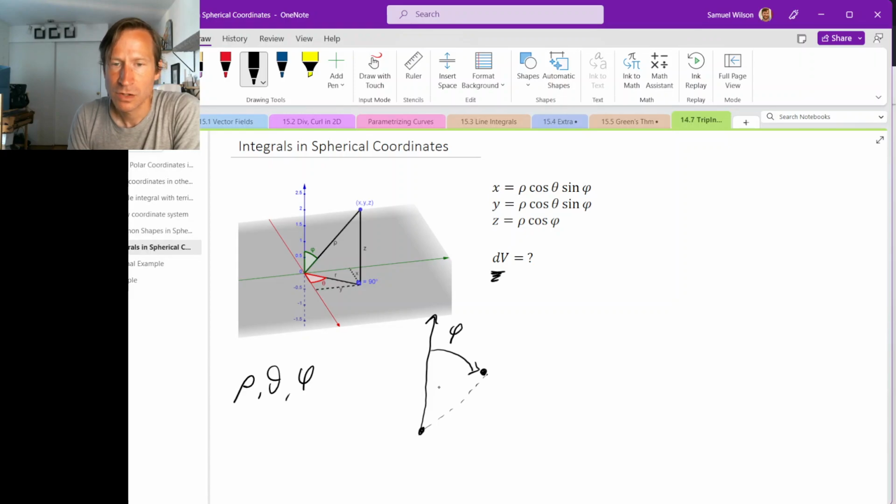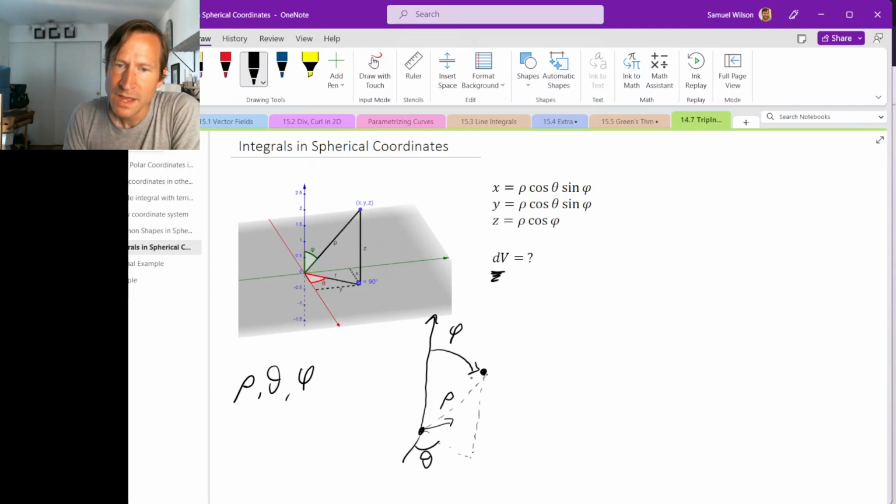This point is above a spot in the xy plane, so let's put our x and y axes like this. This angle right here is theta, and the distance of this point from the origin is rho.